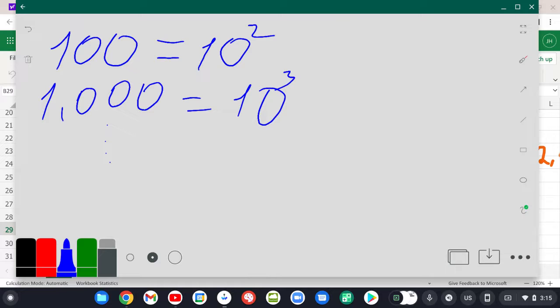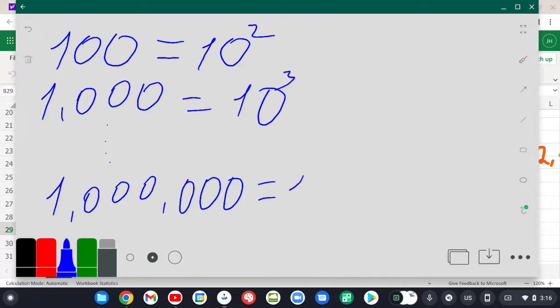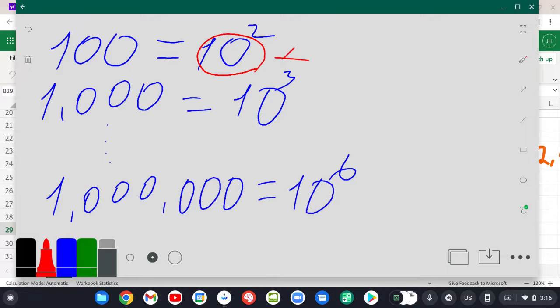And moving this way, 1 million can be expressed as 10 raised to the 6th power, right? And when you do this, 10 is the base, of course, and the exponent.